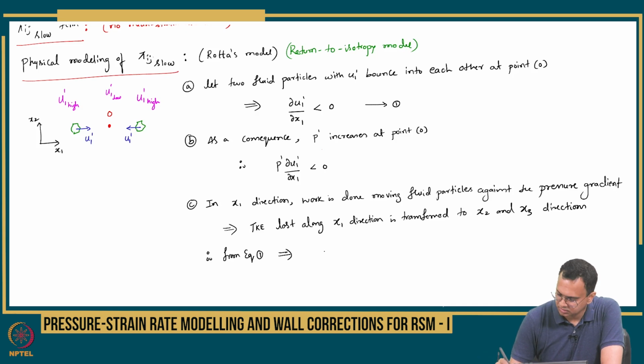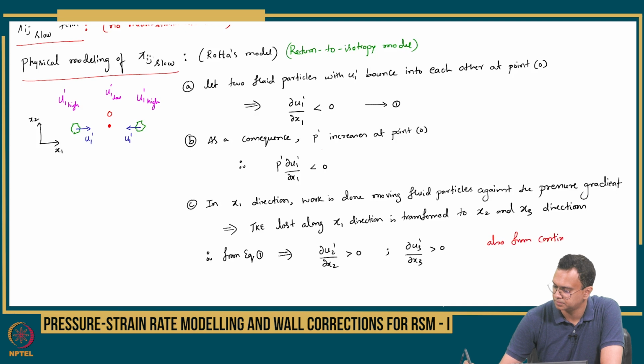So ∂u2'/∂x2 is positive, ∂u3'/∂x3 is positive. You can also say that from continuity. Okay.